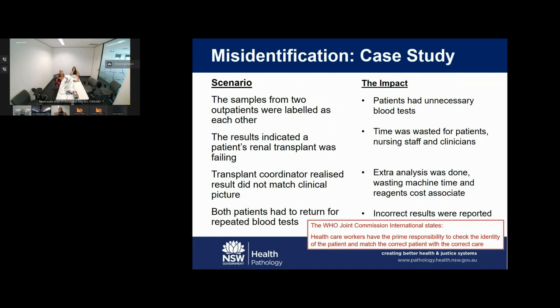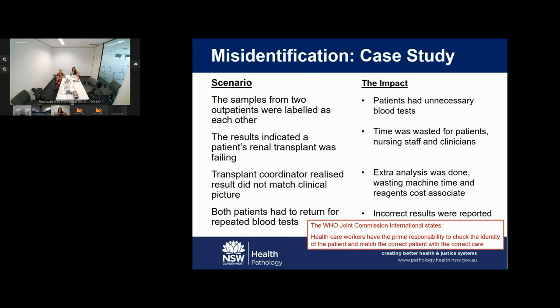That was a scenario where both the patients did come back, have to have their blood recollected. It obviously wasted time for the patients, the nursing staff and the clinicians, and was extra analysis, which also wastes machine time and reagent costs that are associated. And the incorrect results that were actually sitting in the electronic medical record had to be retrieved and the appropriate changes made.